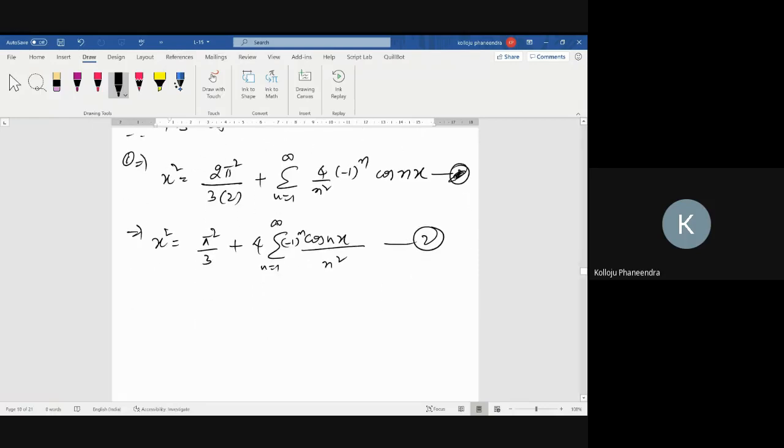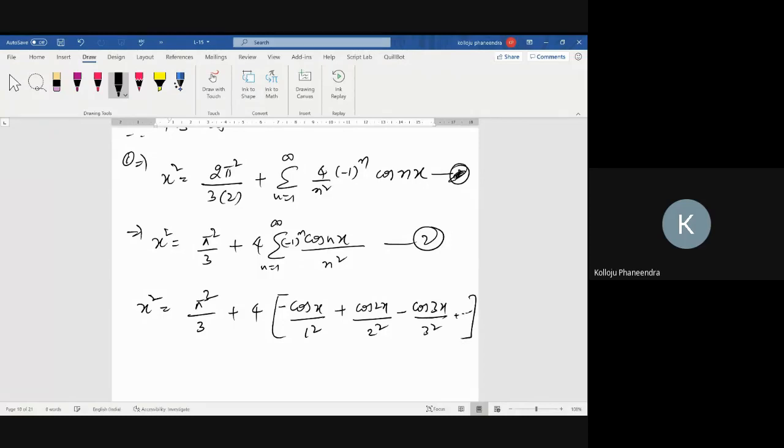Now see the deductions. x square equals, if I expand this, pi square by 3 plus 4 into, cos x by 1 square for n equal to 1, minus, plus cos 2x by 2 square, minus cos 3x by 3 square, and so on.